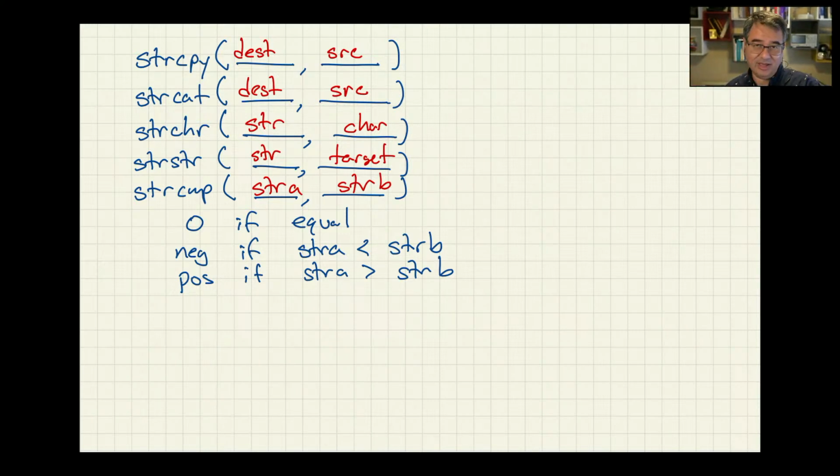So if I pass in pizza and sushi, then it would return a negative number because P comes before S, right? So the word pizza comes before the word sushi.